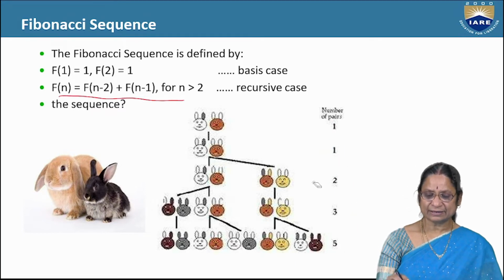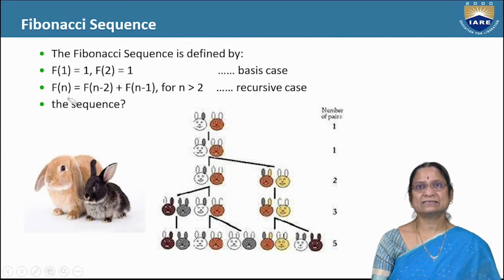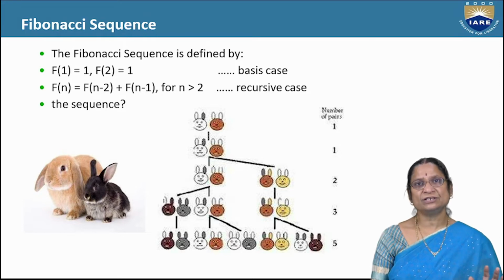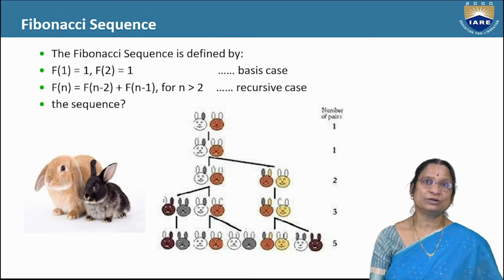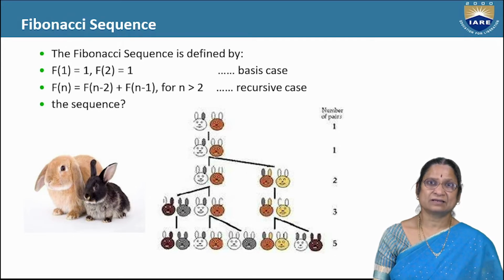So that means this recursive case is solvable from the base condition. What is the base condition? f of 1 and f of 2. For example, I would like to generate f of 10. I need f of 9 and f of 8. f of 9 needs f of 8 and f of 7. Again f of 8 needs f of 7 and f of 6, and so on.